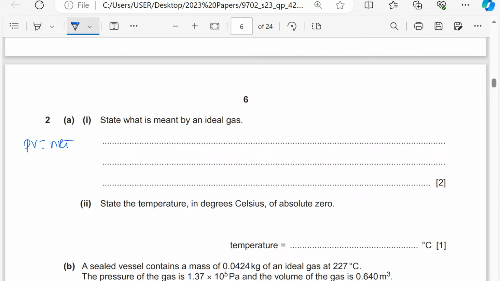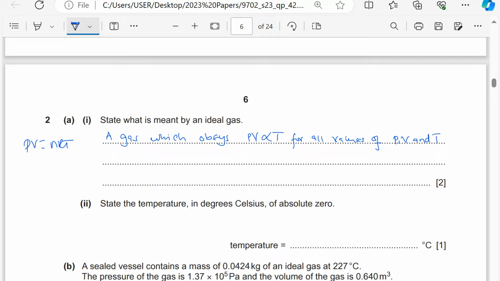So we shall say a gas which obeys PV directly proportional to T for all values of P, V, and T.